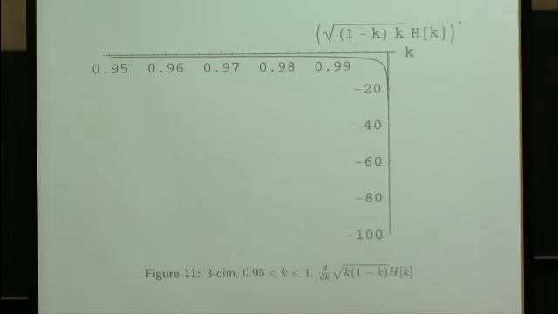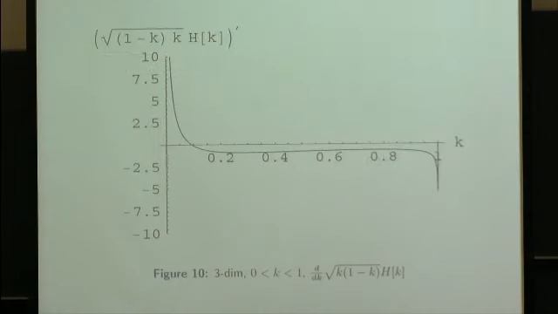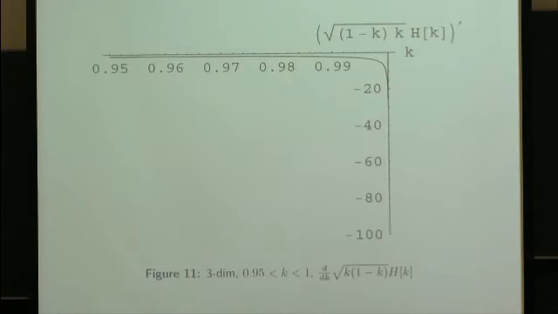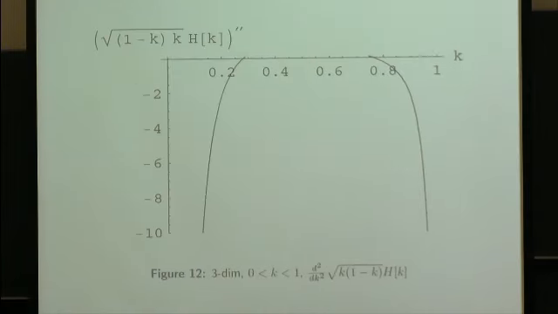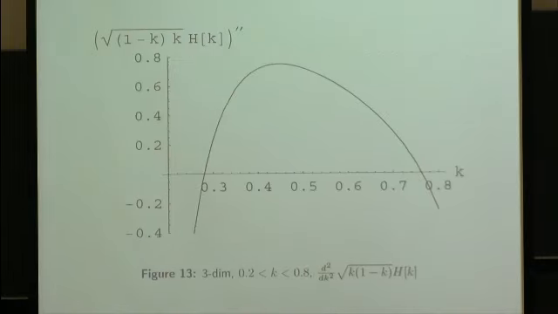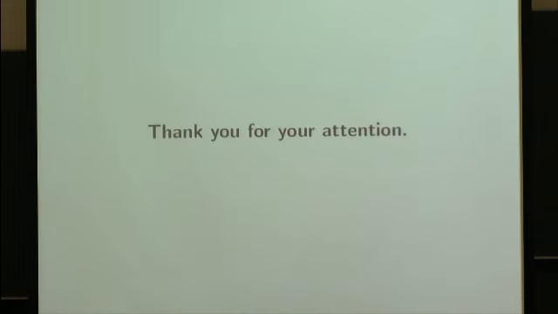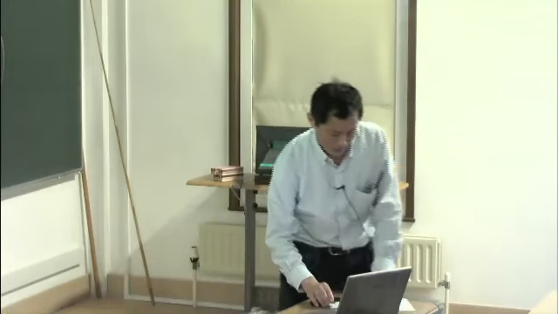This is some zoom up of this part. For the second derivative for the 3D case, when k is in between 0 and 1, it becomes hard to show as a graph. So this is some zoom up, but from here we don't get any valuable conclusion. Okay, well, that's all. Thank you for your attention.